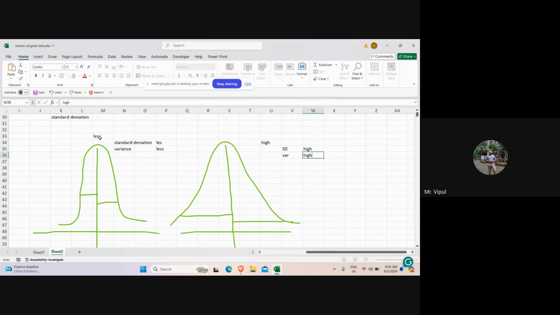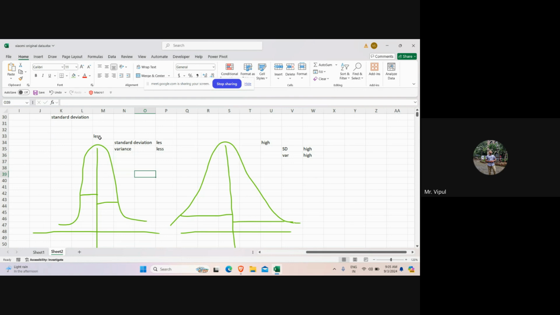Do we want the standard deviation value high or low? What do you think? Low. Yes, if it is low, then why? See, the numbers are very close to the mean value.